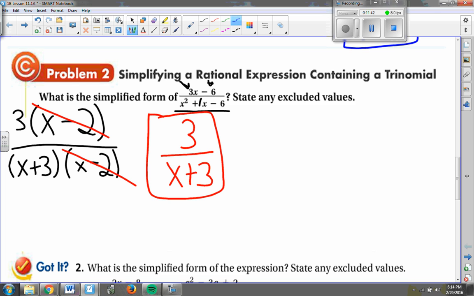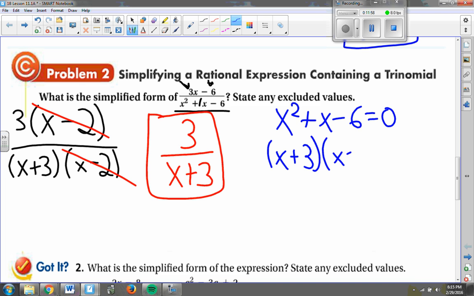However, I have two excluded values here, because if I set x squared plus x minus 6 equal to 0, this is just what we were doing in our introduction problems today. Again, this is x plus 3, x minus 2 equals 0. I'm going to solve this by factoring and find my two x values that make it 0.